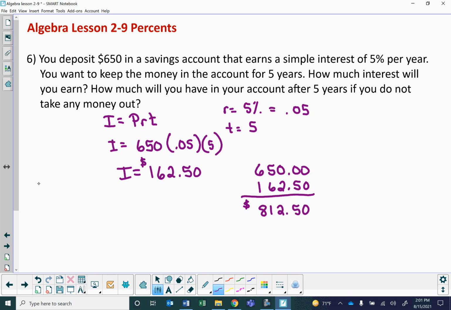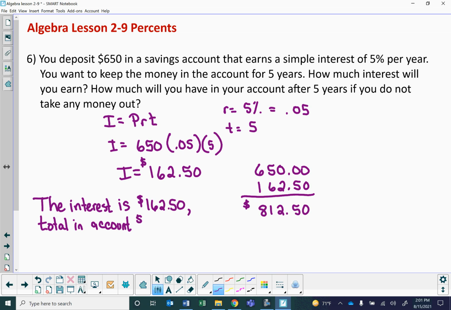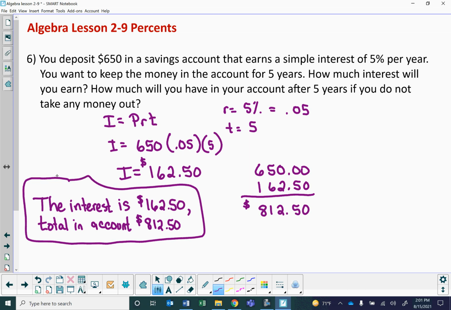So to answer this question, the interest is $162.50, and my total in my account will be $812.50, which is why you should put money in savings or invest it in some way, shape, or form if you don't need to use it right away, because it will earn you interest, and it's kind of nice to just have your money earning interest by doing nothing.